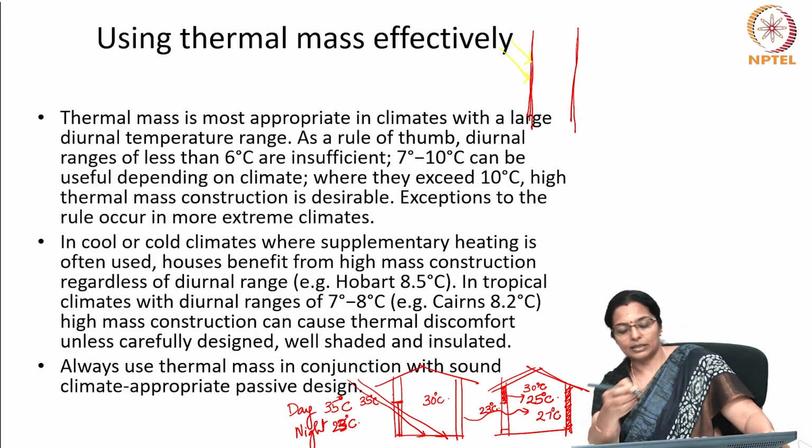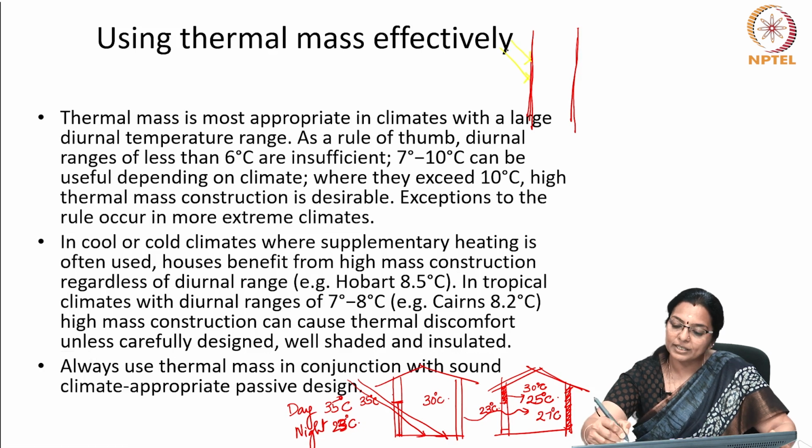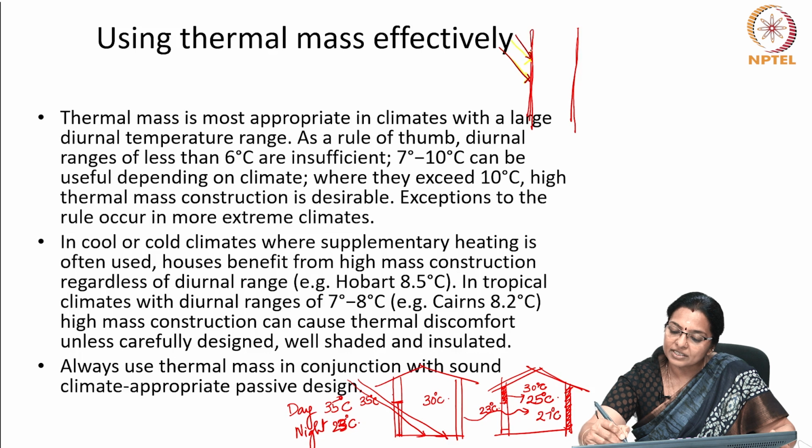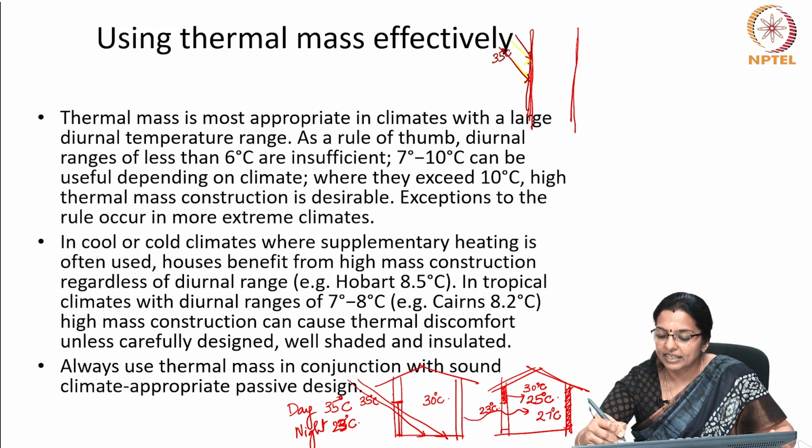If you see, assuming solar radiation strikes the wall, the first layer of air gets heated up. Suppose the solar radiation strikes at 35 degrees centigrade, the first layer of air gets heated up, which passes the heat to the first layer of the wall.